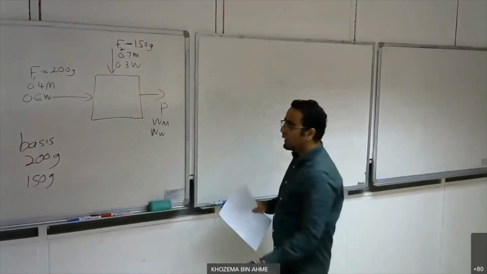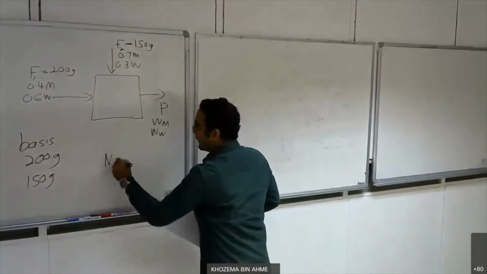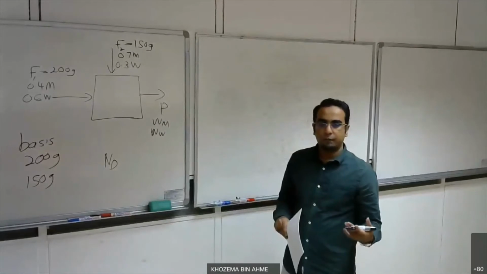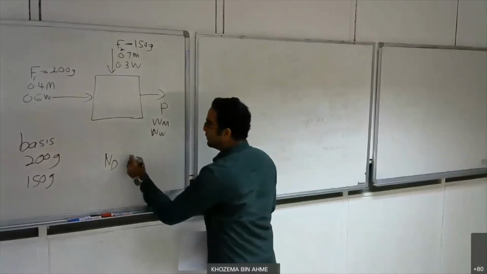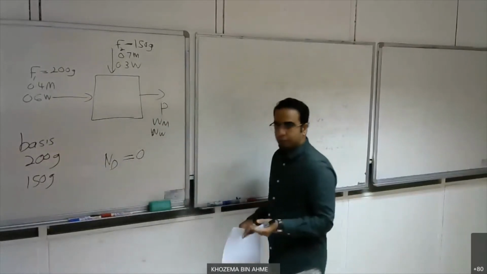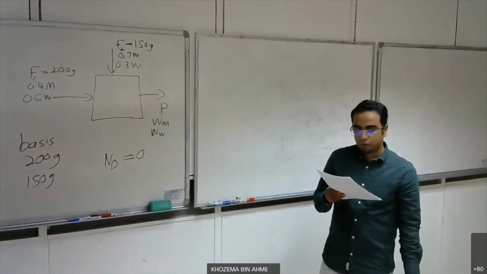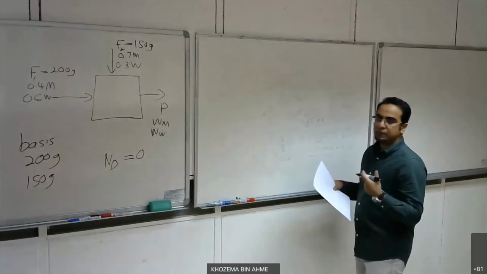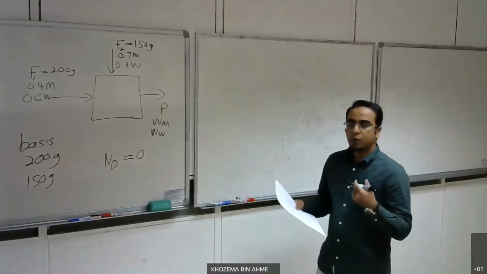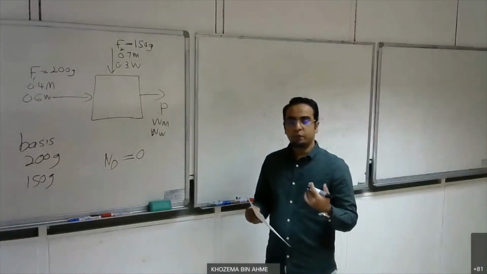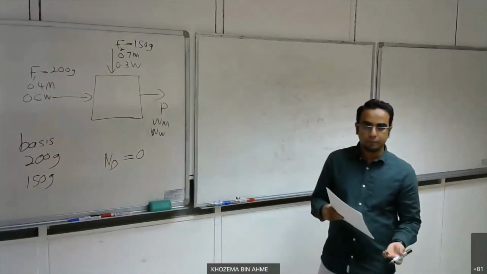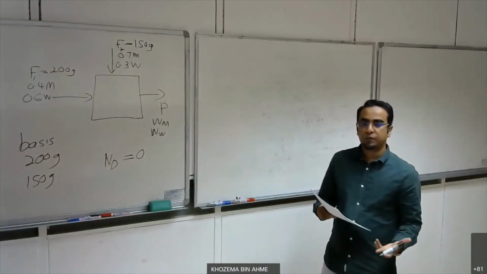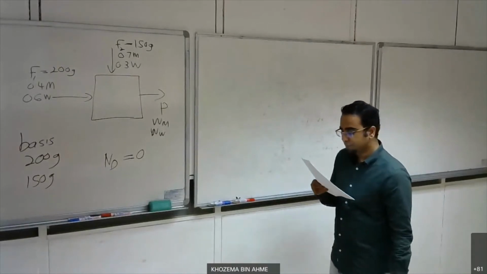So here my ND, after I did find my unknowns and my independent equations, is equal to 0. So this question is solvable. Okay. So again, this system is an open system, continuous system, and also steady state system, meaning that our general equation will become input is equal to output.